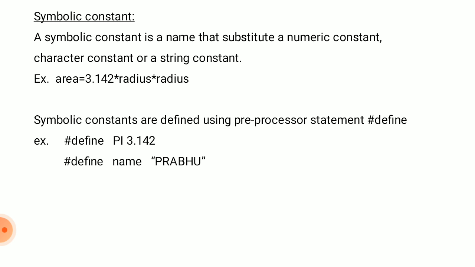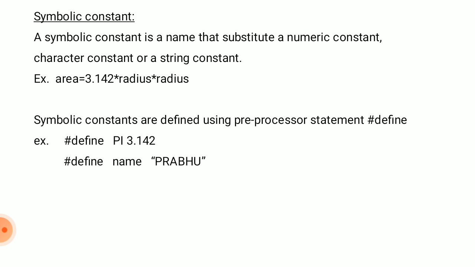Another example, hash define NAME in double quotation Prabhu. It means what you are replacing? The name Prabhu. Here Prabhu is a string constant. String means a sequence of characters. Whatever the string you are using, whatever the string you are replacing, that must be defined in the preprocessor statement. And by what name are you replacing?